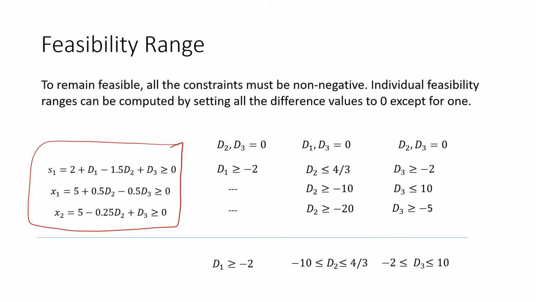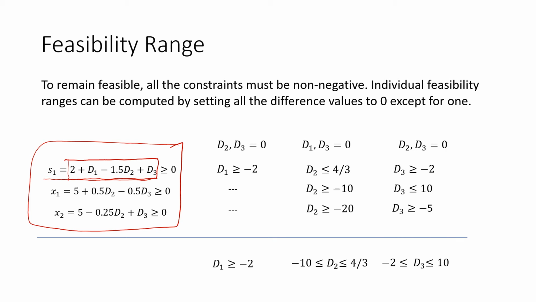Those have to be positive. Well, when I read it off, I got that S1 was equal to 2 plus D1 minus 1.5 D2 plus D3. That whole thing has to stay positive. So 2 plus D1 minus 1.5 D2 plus D3 has to stay positive.